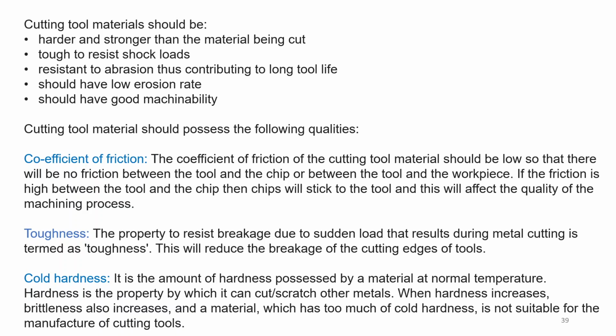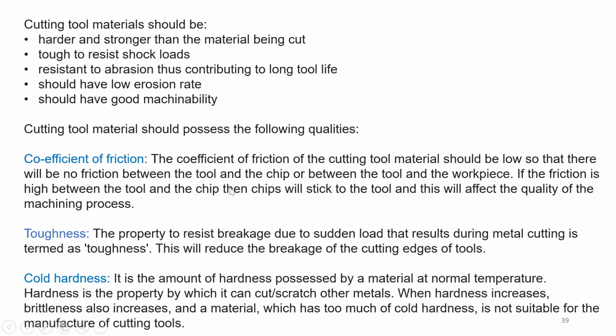Cutting tool material should possess the following qualities. First, the coefficient of friction should be low, so that there will be little friction between tool and chip or between tool and workpiece.